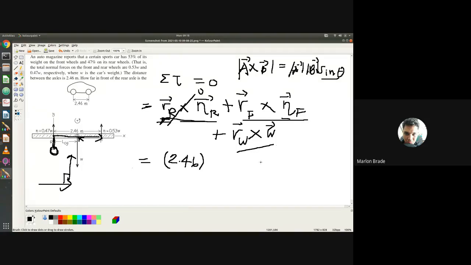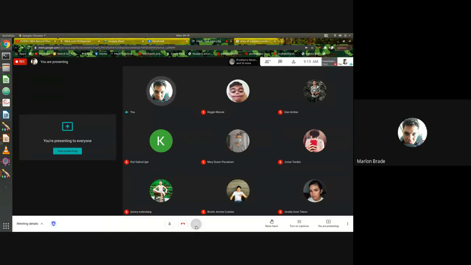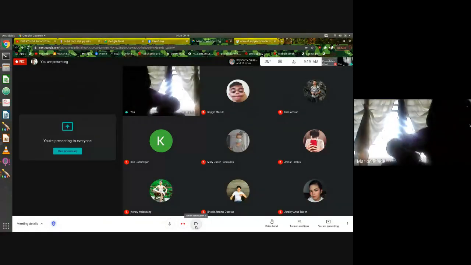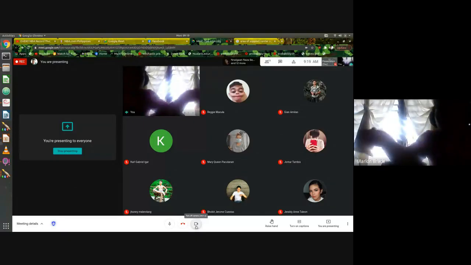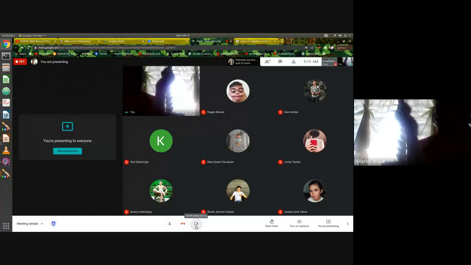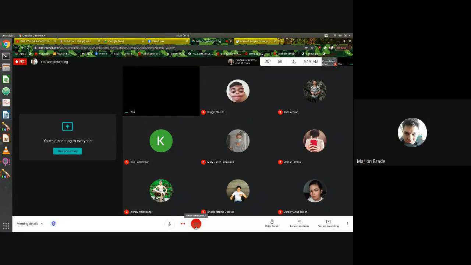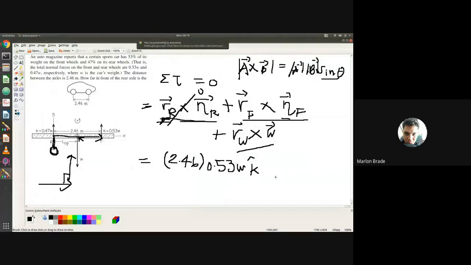That is just 0.53 for the front wheels, so 0.53 W. The magnitude of NF, and the direction is out of the board, so we call it k hat. If my thumb points inward, toward you, it is negative. If outward, positive. Let's set a convention. Okay, so k hat, plus.